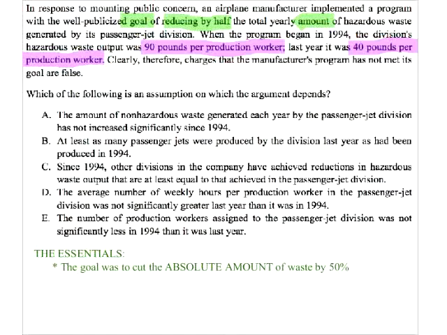But we have a data point. The only data point we have is that the amount of waste per worker has gone down by over half. Therefore, the conclusion is that we have met the goal.